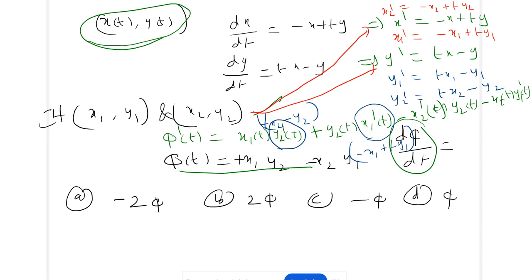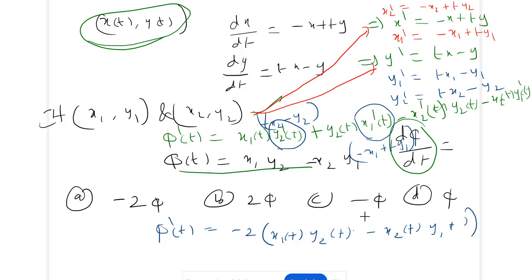What will we get? That is pi dash of t = -2 times (x1(t) y2(t) - x2(t) y1(t)), correct?